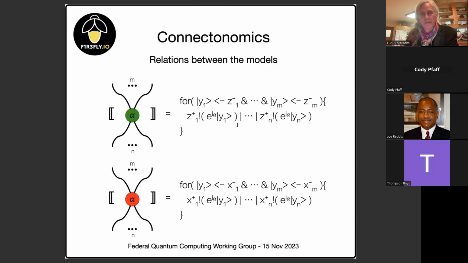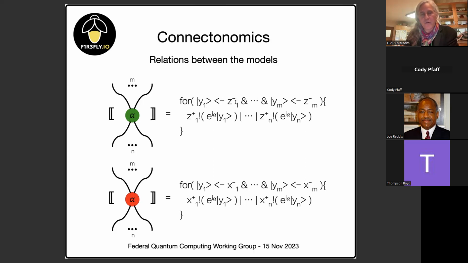So one way to think about this is, for each of these, I'm going to treat these wires really as if they were channels. And so we have Z input channels and Z output channels, which I've denoted here, Z minus and Z plus.